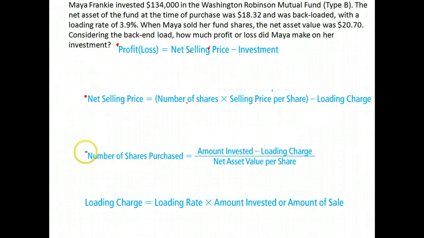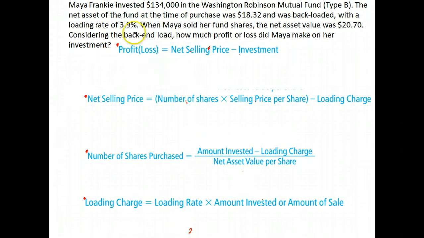Then we need another formula because we have to calculate the number of shares. That's the amount invested minus the loading charge, divided by the net asset value per share. And then, to know the loading charge, we need the loading charge formula. So I'm going to start at the top, work my way down, and then work our way back up to the top, filling in the parts that we're missing from each formula.